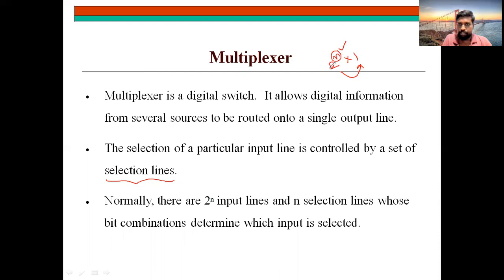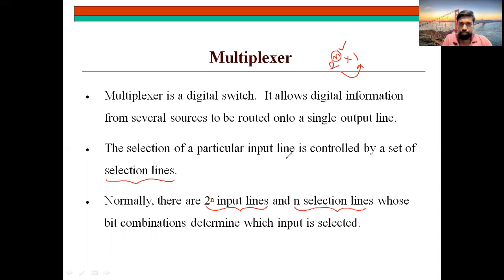See, normally there will be 2 power n input lines, where the small n is called the number of selection lines, and the selection lines will determine which input is selected.